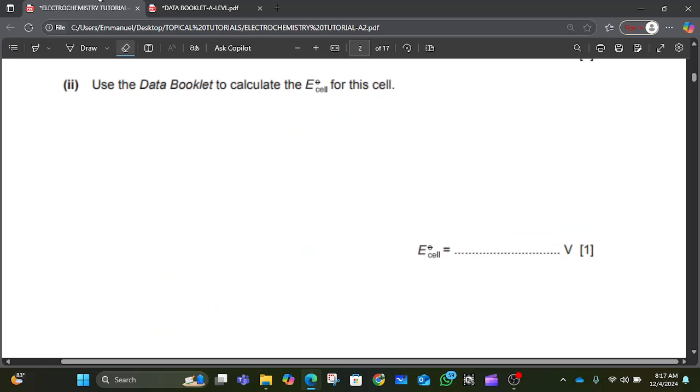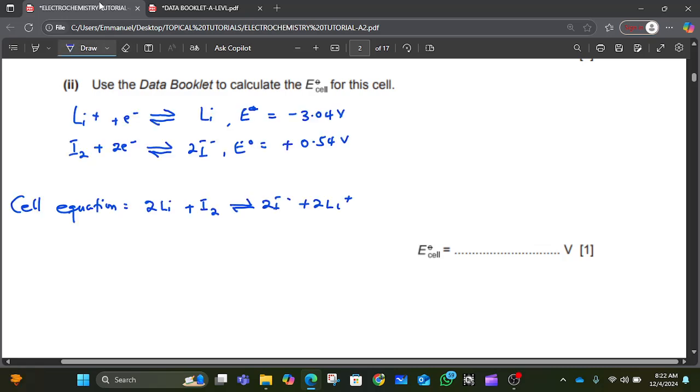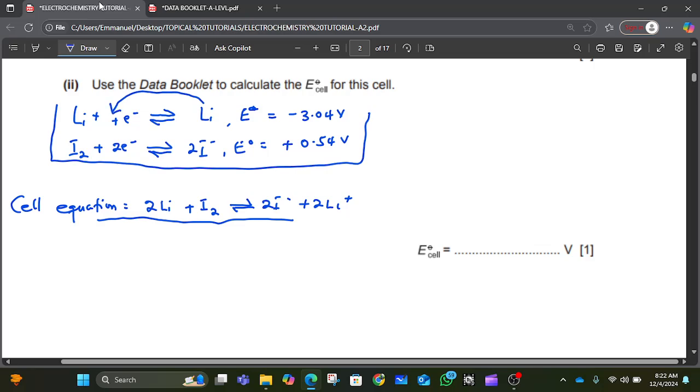Use the data booklet to calculate the E naught of cell for this cell. This cell equation was gotten by adding these two half cells together, where the lithium half cell was reversed in order to get the cell equation. So it means that the E naught of cell is equal to the sum of these two electropotential values. That of the lithium was reversed. So it means that you have to reverse the sign of the electropotential value for lithium.